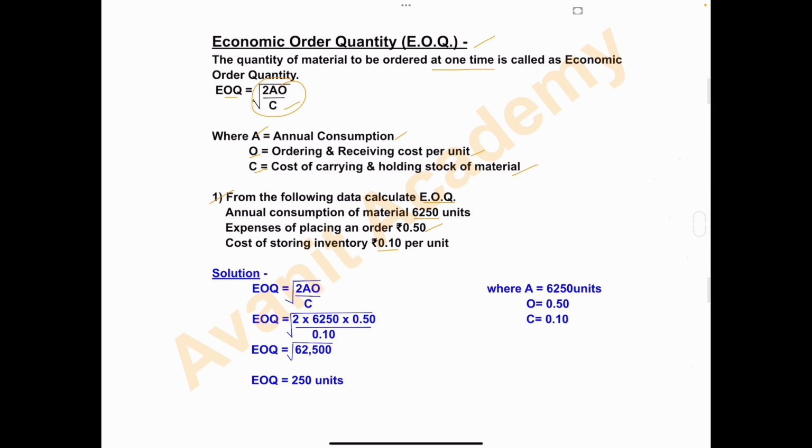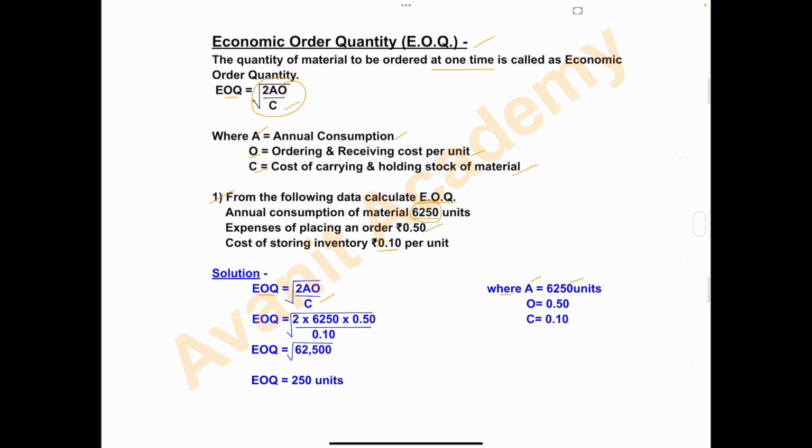First write the formula. EOQ is equal to root 2AO divided by C. First we'll write the values here where A is equal to, what do you mean by A? A stands for annual consumption. See in the problem, annual consumption of material is 6,250 units. So right here, A is equal to 6,250 units.